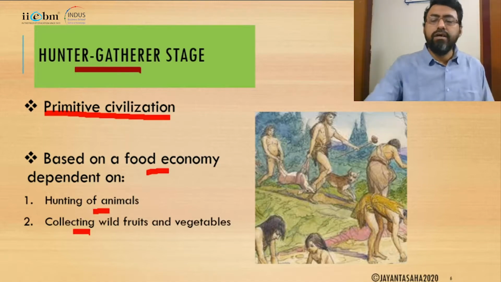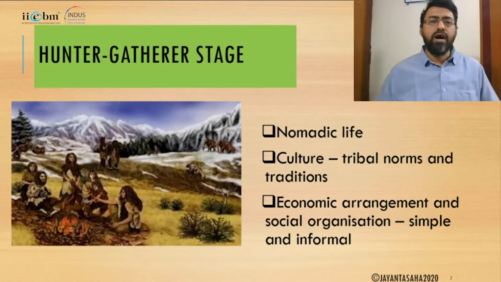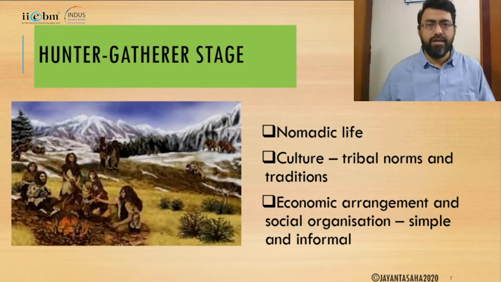Let's look at some more characteristics of the lived reality of hunter gatherer stage. So obviously they were nomads. They did not have one particular place where they were permanently settled. So if today they find that the amount of food that they had earlier is finished, they will have to go in search of food.